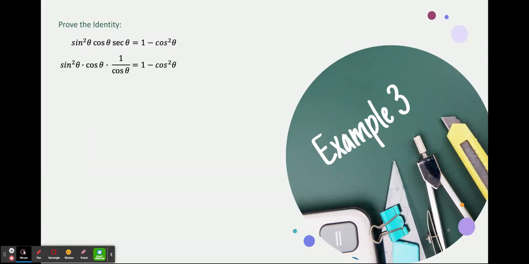First thing I'm going to do is write secant as 1 over cosine, applying the reciprocal identity. Now, you can also think of this as we wrote everything in terms of sines and cosines. You have cosine times 1 over cosine, that's equivalent to 1. And if you multiply by a form of 1, you're using not only the multiplicative inverse, but the multiplicative identity.